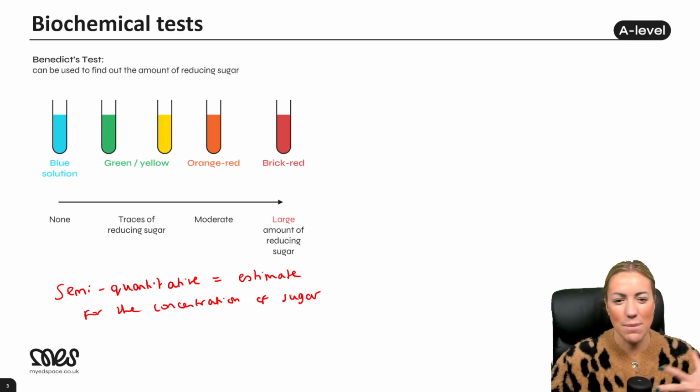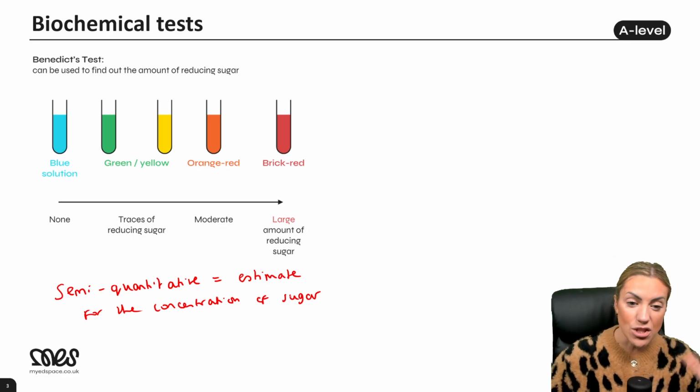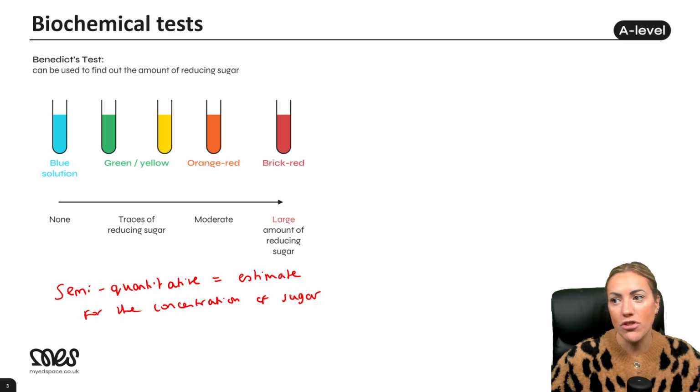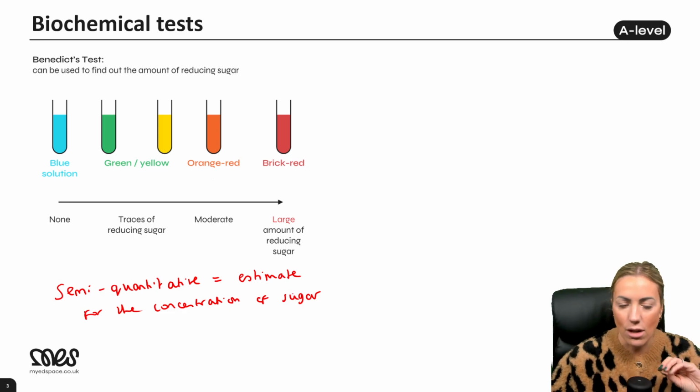If it goes brick red, then you know there's a higher concentration of reducing sugar. If it goes orange, there's a slightly lower concentration. If it goes green, you know there's some sugar, but a very low concentration. So it's semi-quantitative. It's not numerical data, but it can help us to estimate the concentration.